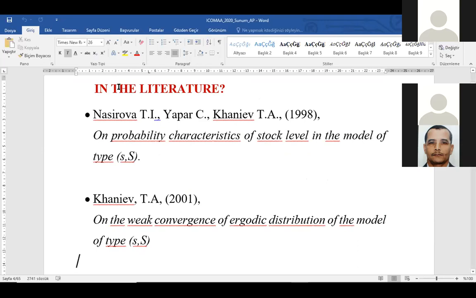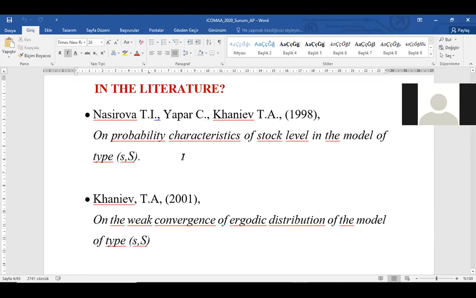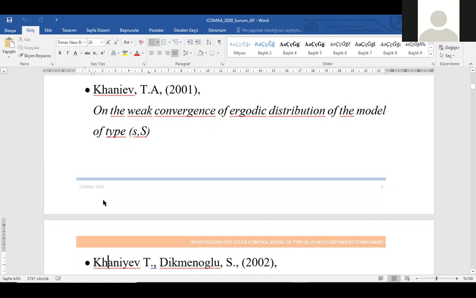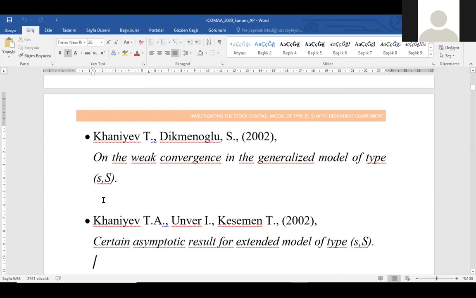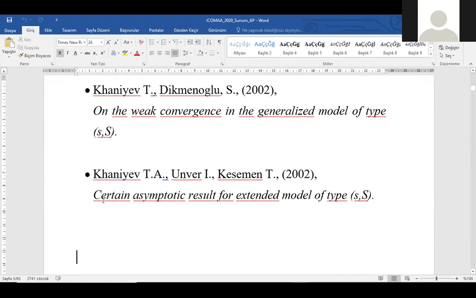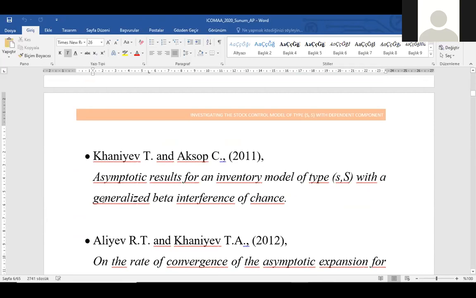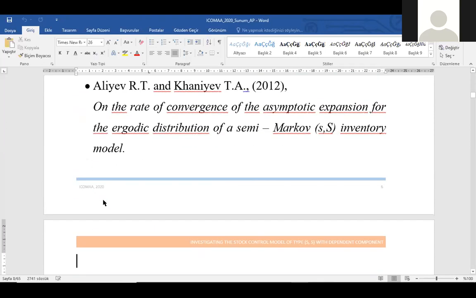Nesterova and her friends did early studies of this problem on probability characteristics of the stock control level in the model of type (s, S). Then these studies were continued by Khaniyev and his friends. You see these studies in my presentation. This is the literature review.